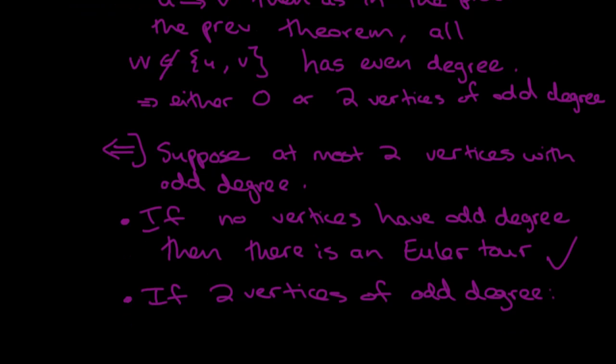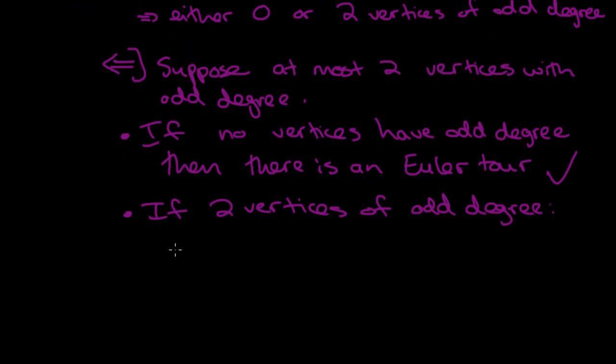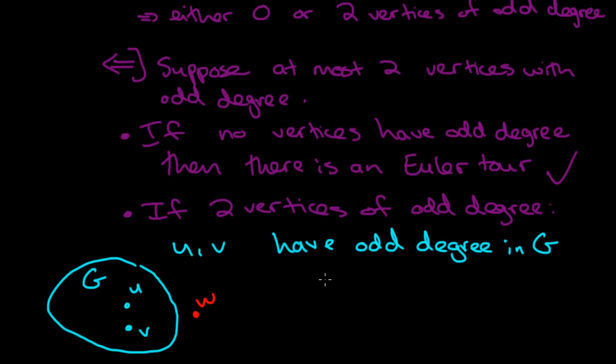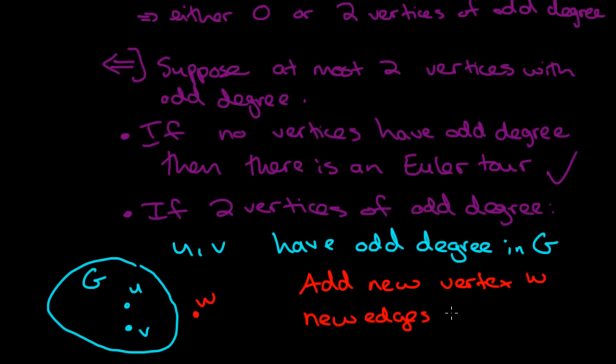And if there are 2 vertices of odd degree, here's what we do. We're going to let U and V have odd degree in the graph. And now what we do is we simply add a new vertex. So here's U and here's V in our graph G. So we have some connected graph G. And now we're just going to modify this graph by adding a new vertex W. So add new vertex W and new edges UW and VW.